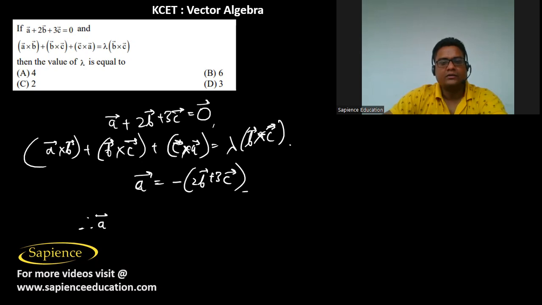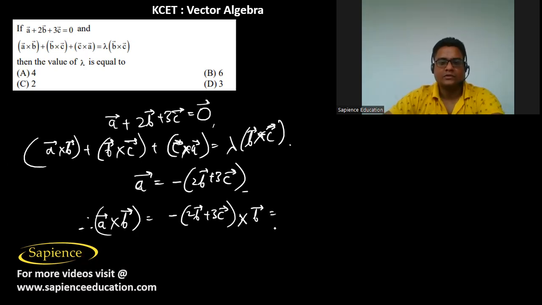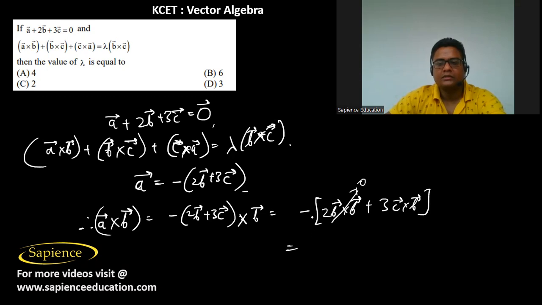So therefore a cross b will be equal to minus of 2b vector plus 3c vector cross product with b vector. So this will be minus of 2b cross b minus 3c cross b. So b cross b will be 0, and minus of c cross b is b cross c. So this is 3 into b cross c.